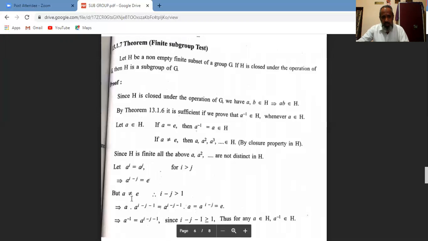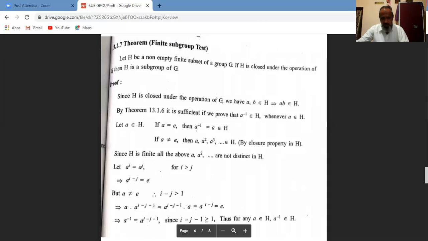But A is not equal to E. Here we have taken A not equal to E, so this i minus j should not be 0, it should be greater than or equal to 1. So multiplying A with A power i minus j minus 1.